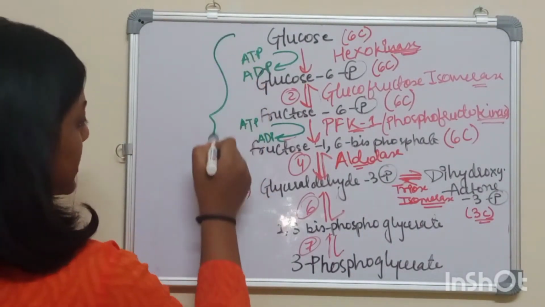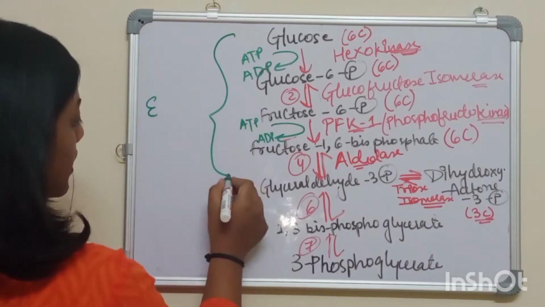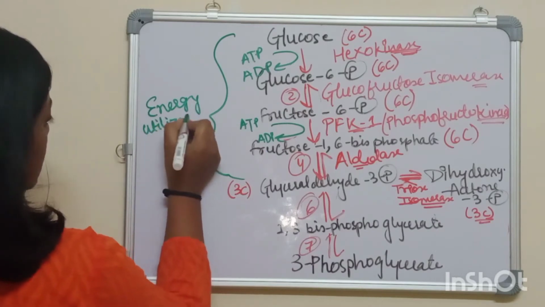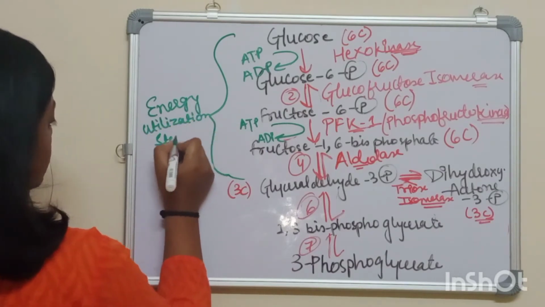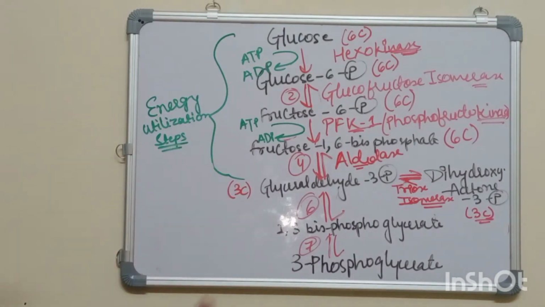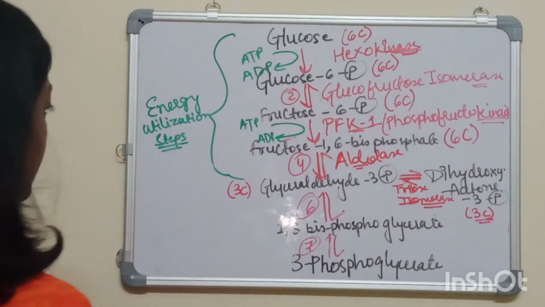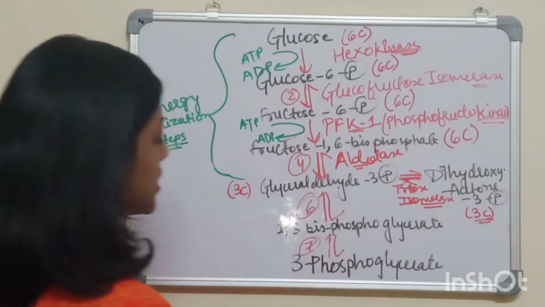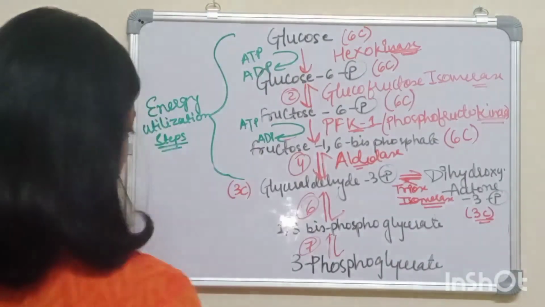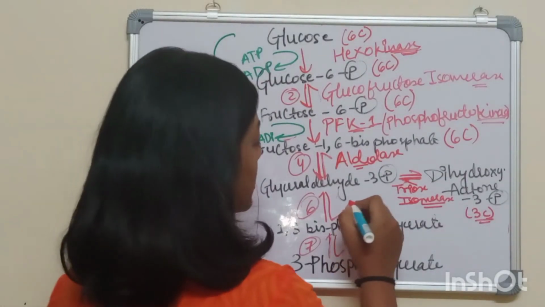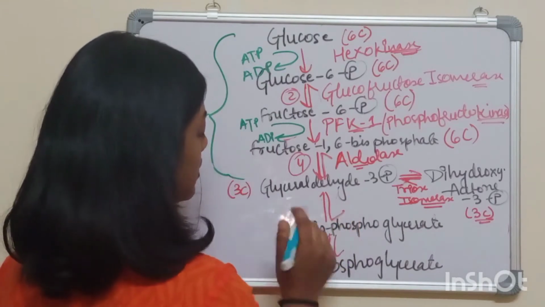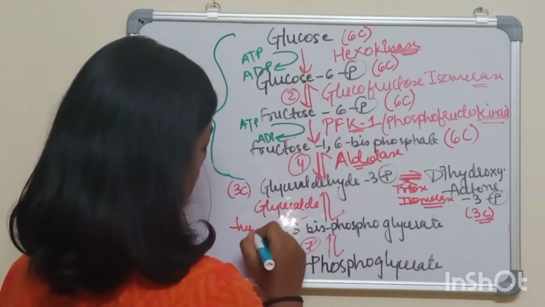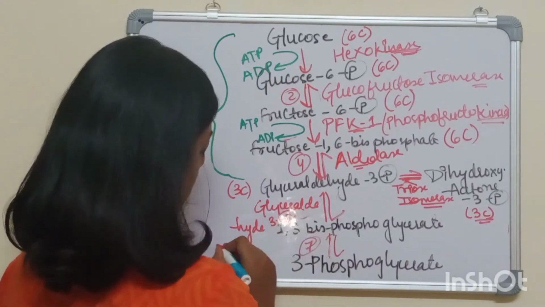So these 5 steps are energy utilization steps. The next 5 steps are the payoff phase, where the ATP or the energy is produced. Now glyceraldehyde 3-phosphate gets converted into 1,3-bisphosphoglycerate. It is catalyzed by the enzyme glyceraldehyde 3-phosphate dehydrogenase.